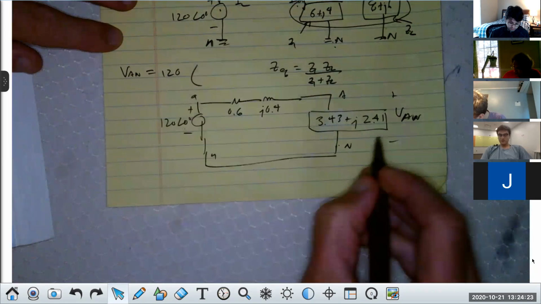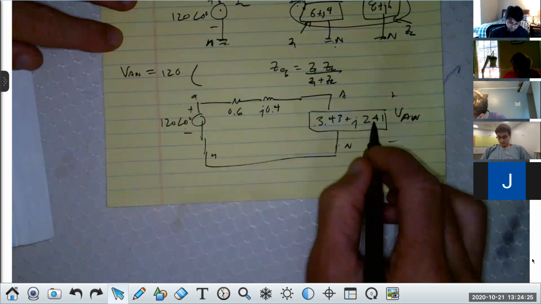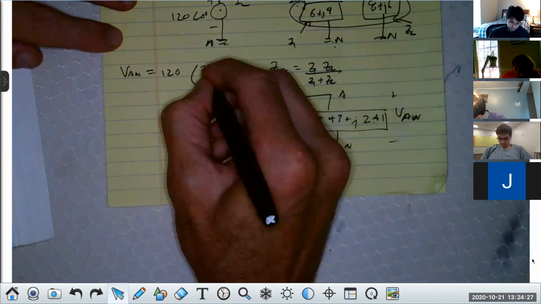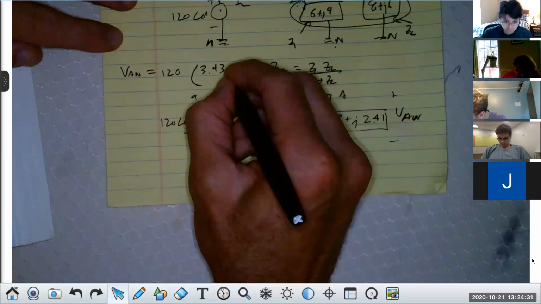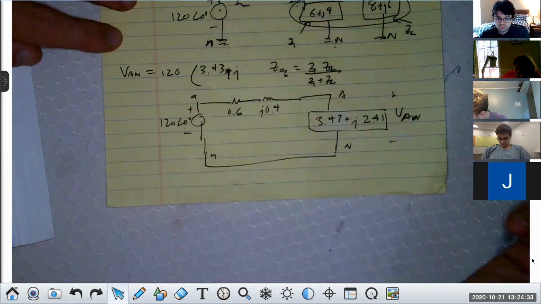And it's times the load we want the voltage across, which is this 3.43 plus j2.41.